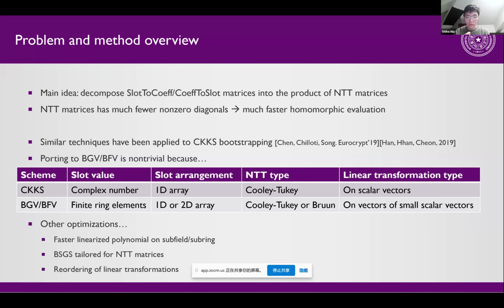But in BGV/BFV, every slot stores a finite ring element. So the linear transformations can be viewed as operating on vectors of small scalar vectors, and this will make them more complicated. We have also proposed some other optimizations that will be discussed later.